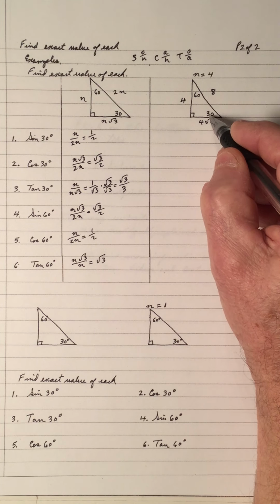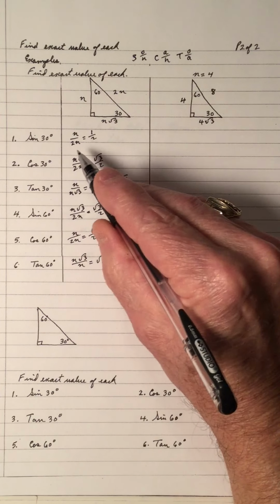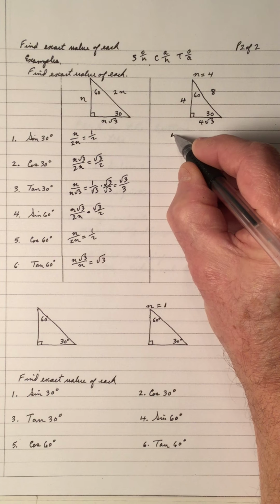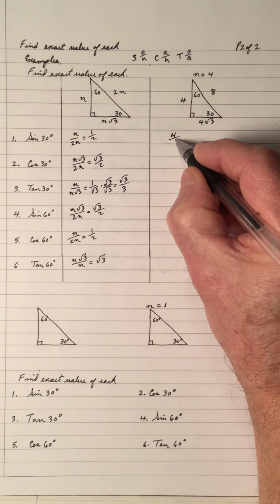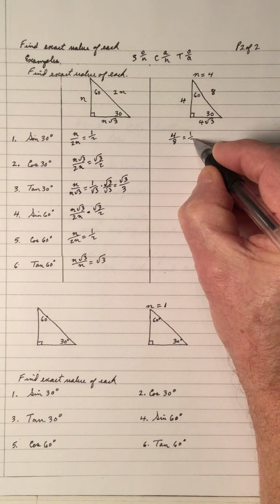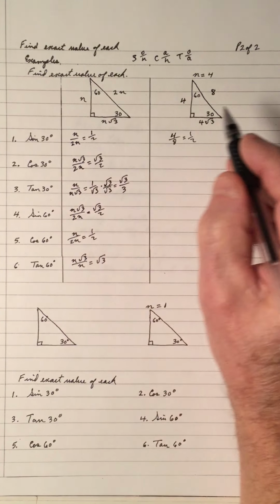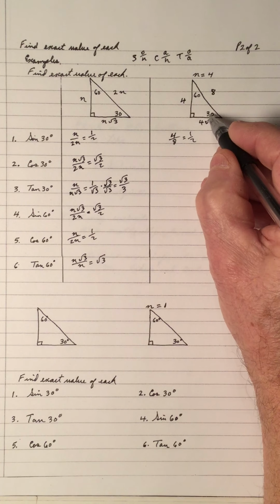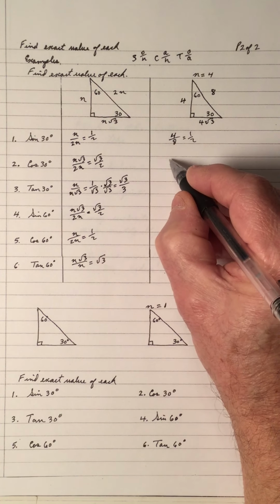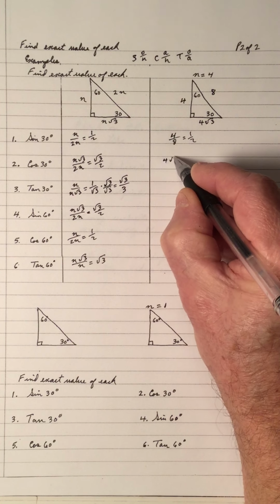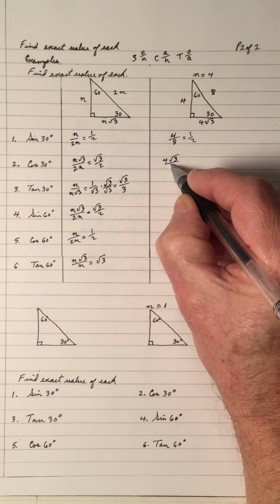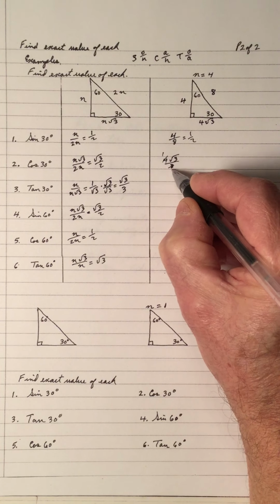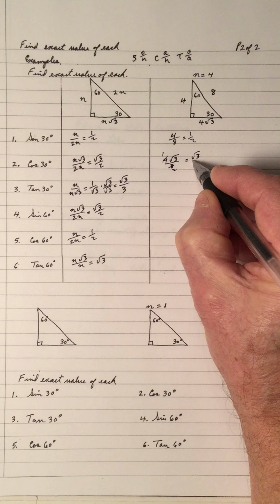So let's look at this triangle now in relation to the sine of 30. The sine of 30 is opposite, which is 4, over hypotenuse, which is 8, which gives you 1/2. Same as this triangle. Because they're similar, I should get the same ratios. The cos of 30, cos is adjacent, which is 4 root 3, over hypotenuse of 8. So 4 and 8 go to 2, giving you root 3 over 2.